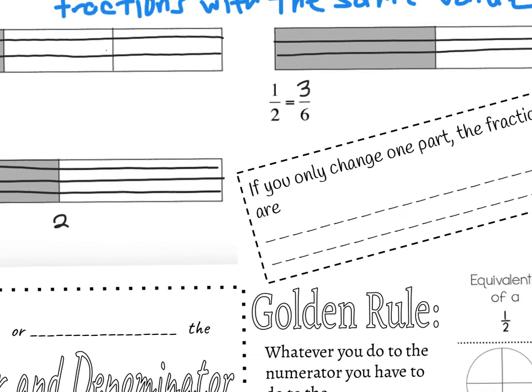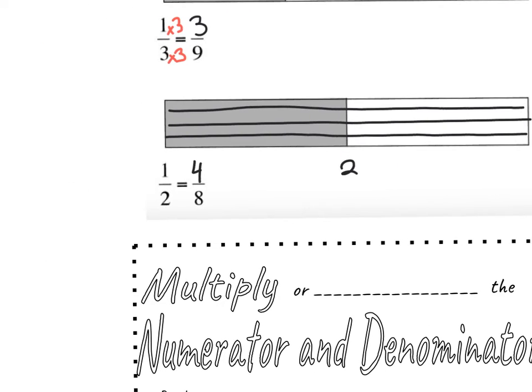And then here, our 2 had to be multiplied by 3. And then we see that the numerator, or that 1, was also multiplied by 3. Here, to find the area of 8, I had to multiply by 4. And then 1 was also multiplied by 4.